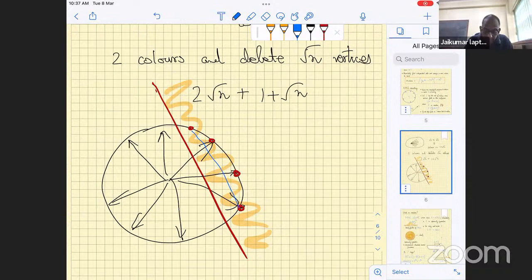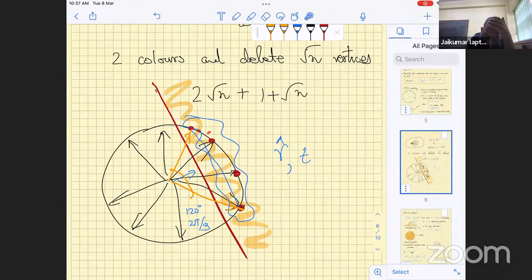But what do we know? If they have an edge, then the corresponding vectors made an angle of 120 degrees, 2 pi by 3. So what we are going to claim is that when we choose this threshold, the distance from the origin, we will choose our gamma hat and t in such a way that a sizable number of vertices do fall on this side, about n to the 2/3.